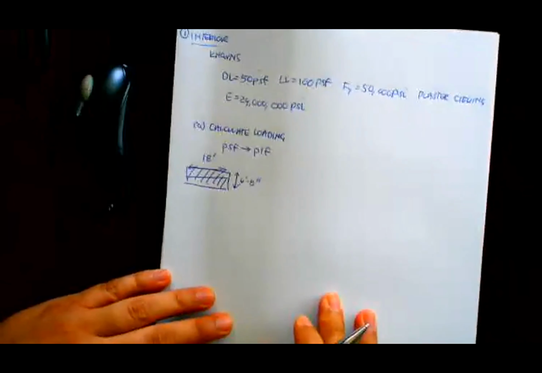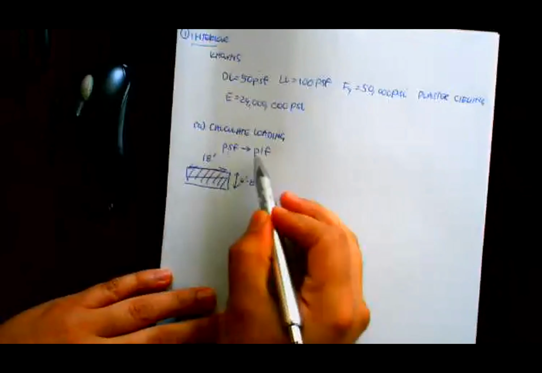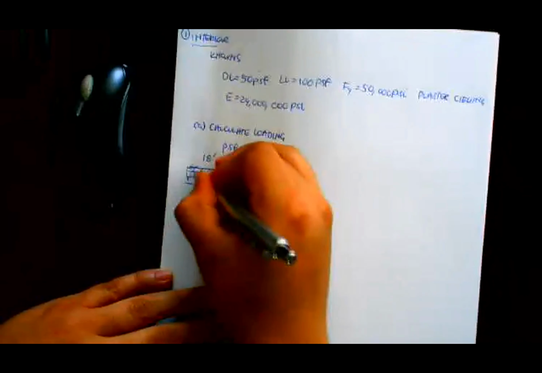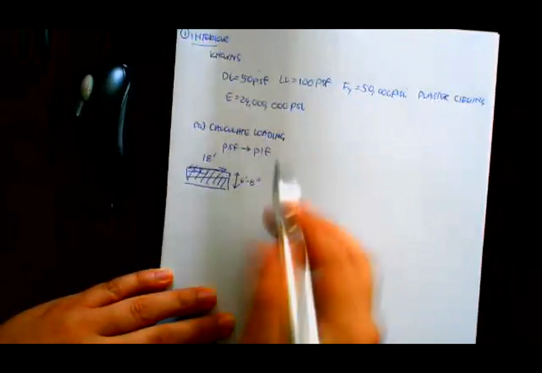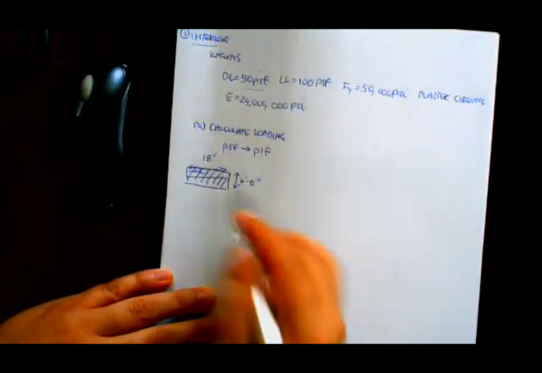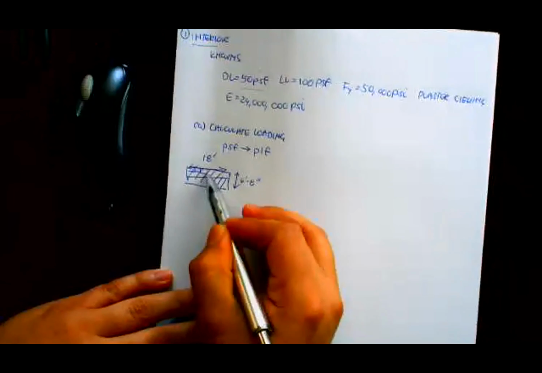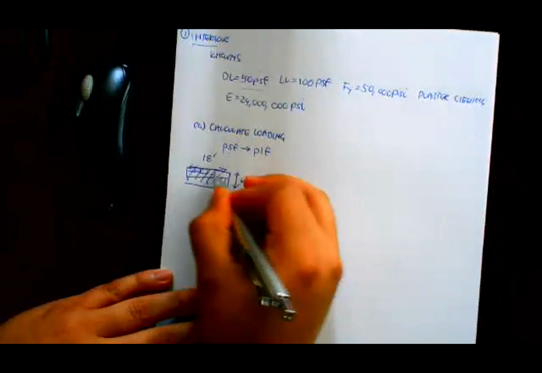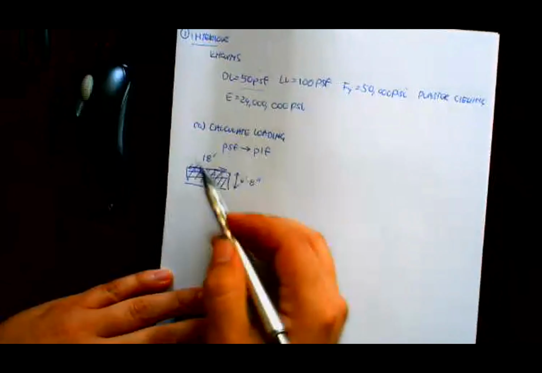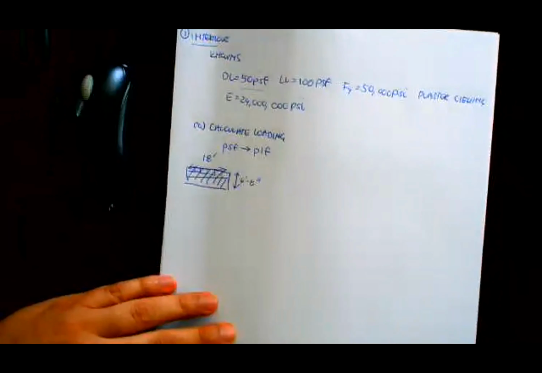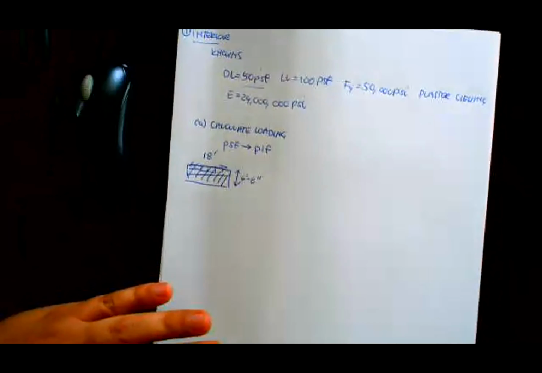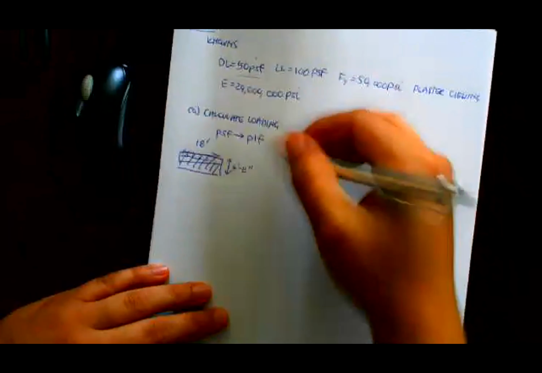So we know that this is 6 feet 8 inches. What I'm going to do now is, if I want to go from PSF to PLF, it means that every square foot, right now it's carrying 50 PSF of dead load, and it's carrying 100 pounds of weight every square foot. Obviously I could do this a lot faster, so I'm just going to do that for the sake of this class.